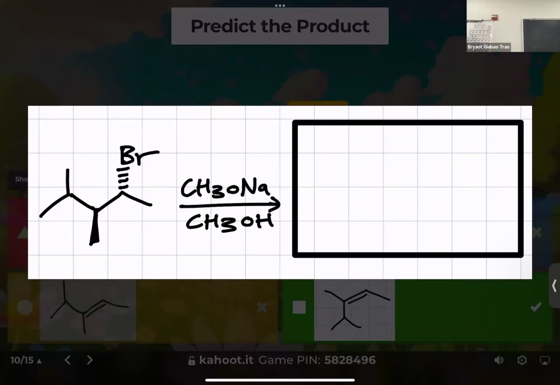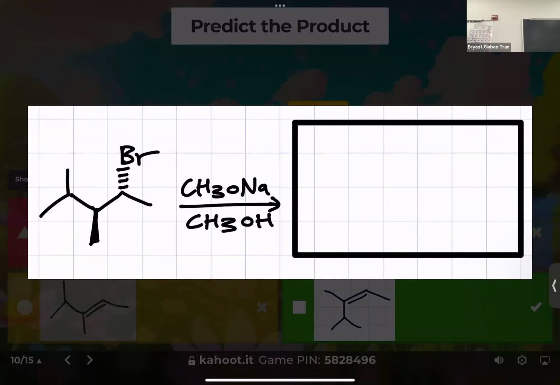the more substituted alkene. But we know that this hydrogen here is a dash because this methyl group is a wedge. On this side, the hydrogens can be wedge, dash, and flat. Right? But we have a small base, so we want to go for the more substituted beta hydrogen.